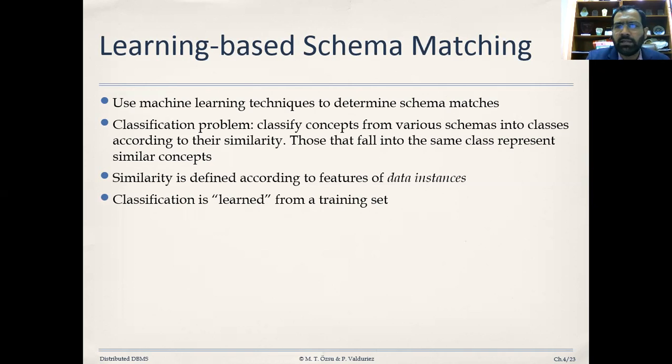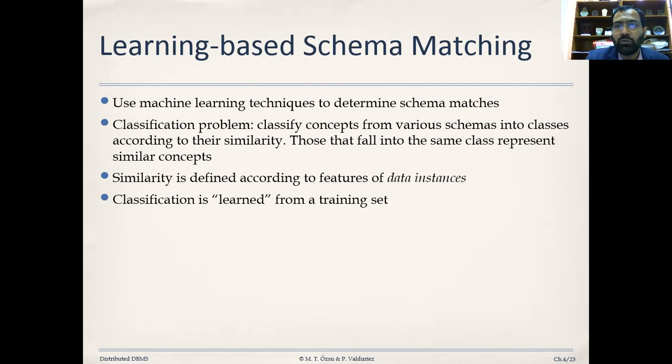Nearest neighborhood technique, like we have discussed earlier on. For that, we can also make classes. Similarity is defined according to features of data instance. So what we do is that we classify the problem in terms of the concept, and then we see whether it falls into this class or not. For example, you have defined the class of the assignment or the work.